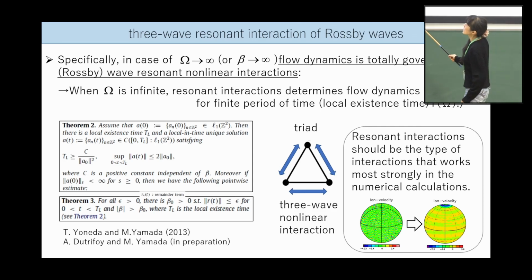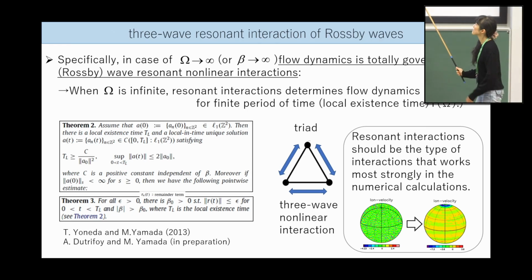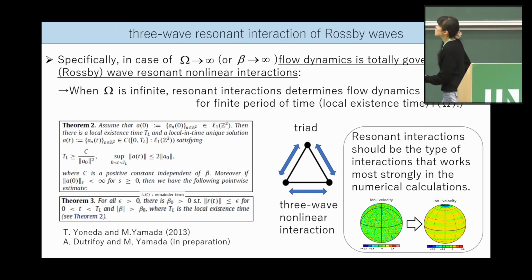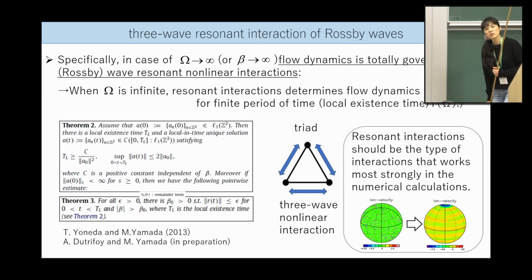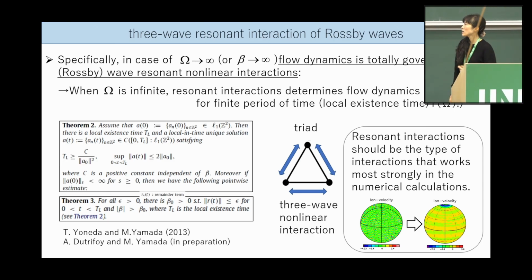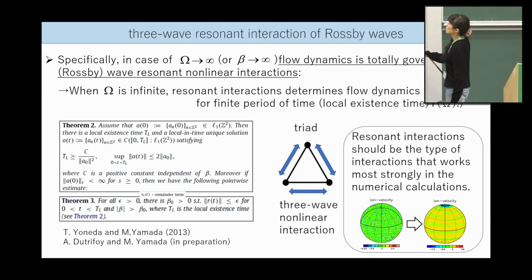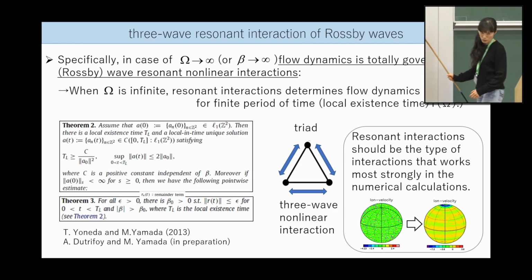This theorem says that when the rotation rate of the sphere is infinitely large, the flow dynamics is totally governed by three Rossby wave resonant nonlinear interactions. So, resonant interactions should be the type of interactions that work most strongly in our numerical calculations where we have large-scale zonal flows.